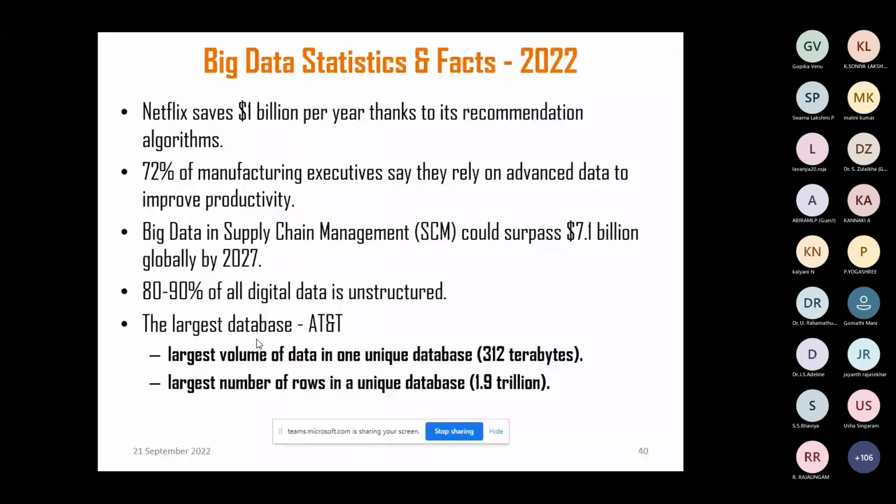And 72% of manufacturing executives say that they rely on this technology to improve their productivity. Supply chain management is another interesting area where this technology is being used, and that industry could surpass nearly 7.1 billion globally by 2027.